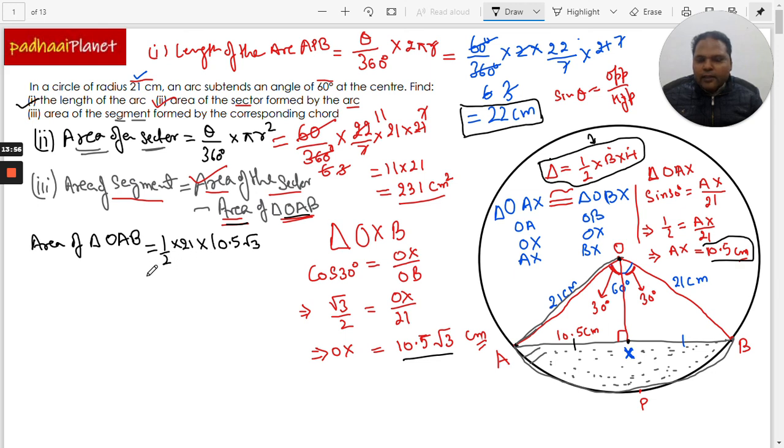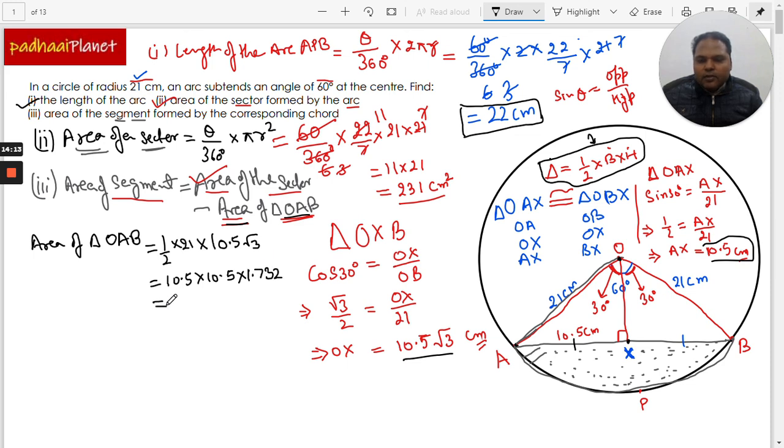So this is 10.5 multiplied by 10.5, and the value of √3 is 1.732.